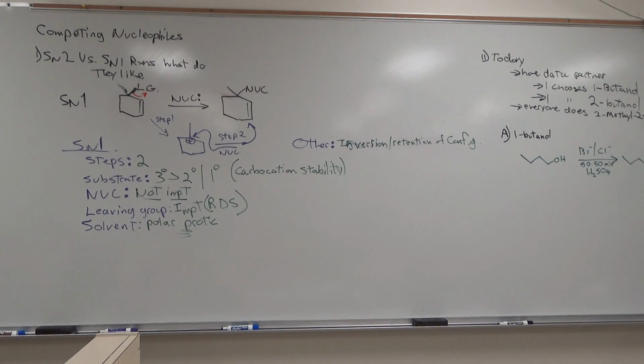Any idea which one you think would be favored? The bromide. Well, you're a step ahead of me. Hold on to that answer. Let's first decide which reaction, SN1 or SN2. SN1, close. SN2.